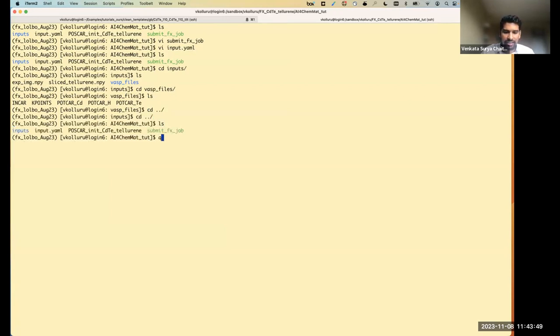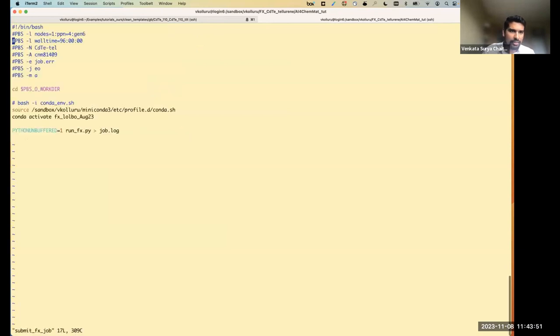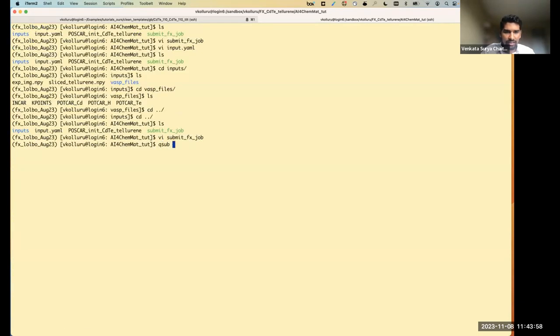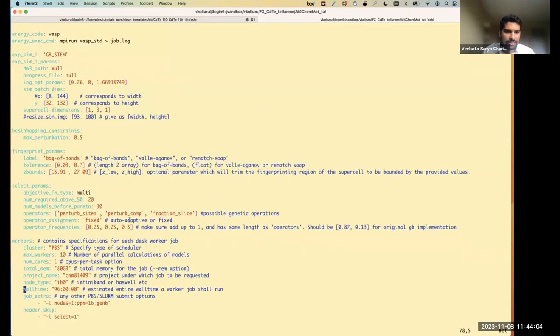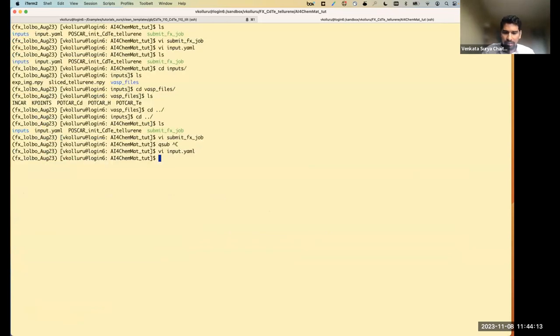And once we have everything ready, I will just change the hours here to just 1 so that it starts quickly. Also, I'll change it in the input file. So this is the input file with all the parameters that I just showed. Here I am also changing the task workers to be just 1 hour, just to see if it will start quickly.